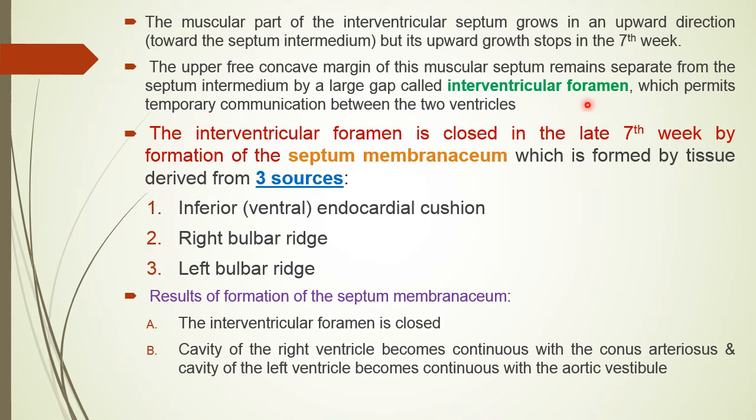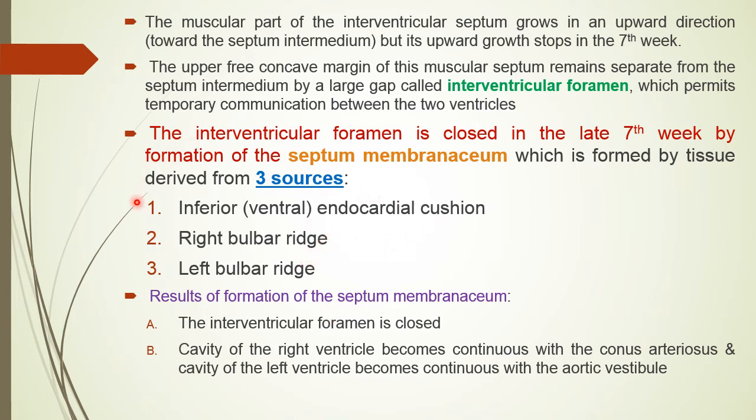Now it is very important, which I have shown you in the last diagram, that the interventricular foramen is closed in the late seventh week by tissue derived from three sources, which I have shown you in the previous diagram. These three sources are the inferior endocardial cushion and the two bulbar ridges, right bulbar ridge and left bulbar ridge.